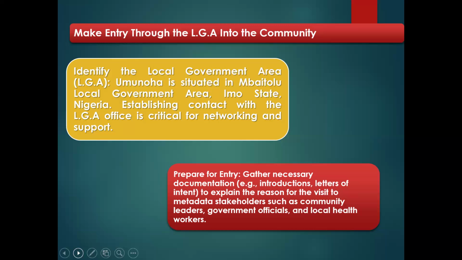So at the local government area, once you are able to make entry there, the next is for you to visit the local health authority that is being led by the head of the department for health, in our own context in Nigeria, or health secretary or health authority secretary, as the name applies. Then when you meet the head of the department for health, there are other assistant heads of the department known as a local immunization officer.